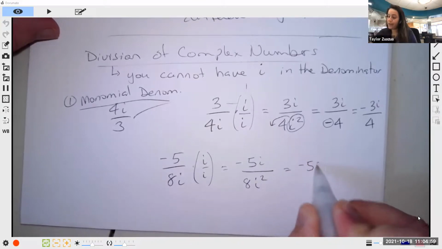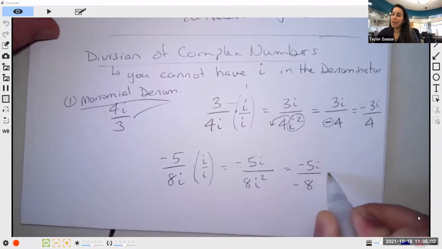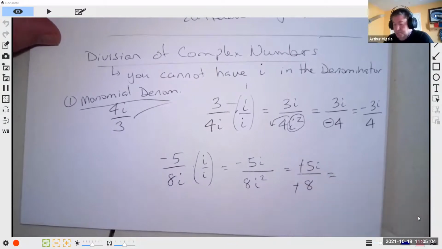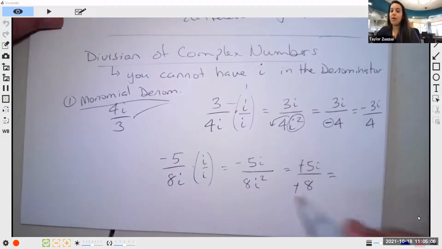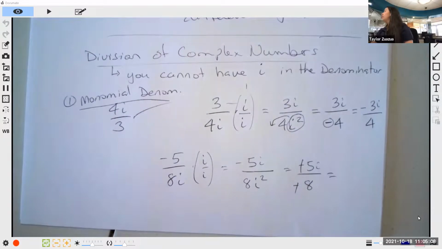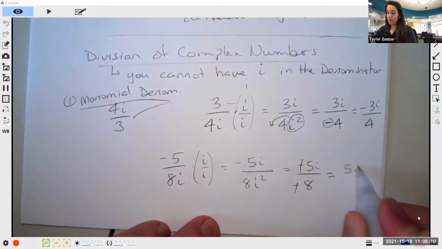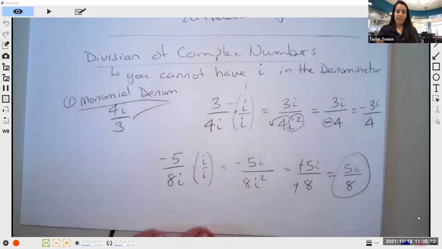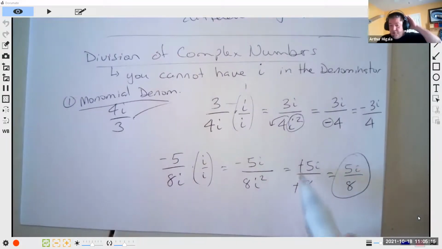But then how does that work out if they're both negative? They cancel. It's like negative one over negative one. They can both cancel.